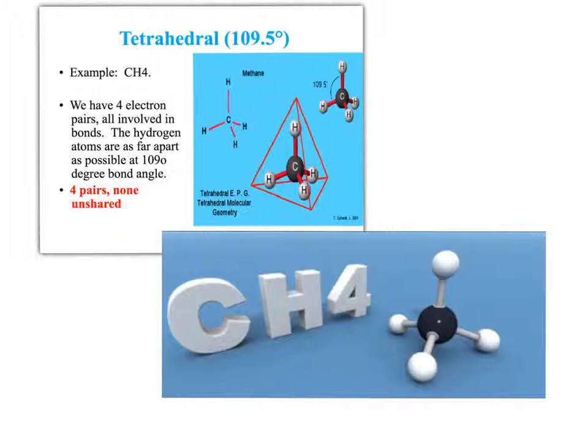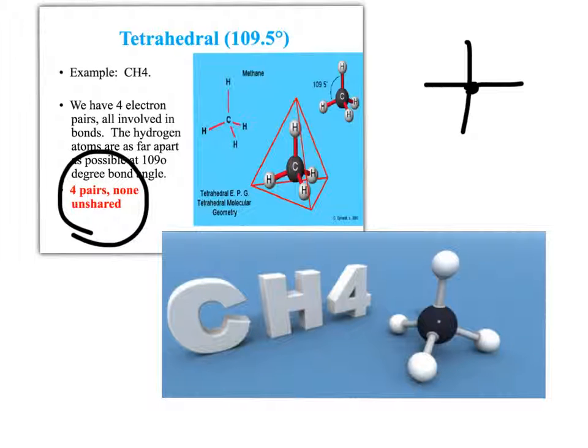Our next 3 shapes all have to do with there being 4 pairs of electrons. So if there are 4 pairs of electrons, you might imagine that it would be 90 degrees between them. I mean, if you draw it two-dimensionally and lay it on a table, you go, well, the farthest apart they could be would be 90 degrees, wouldn't it?